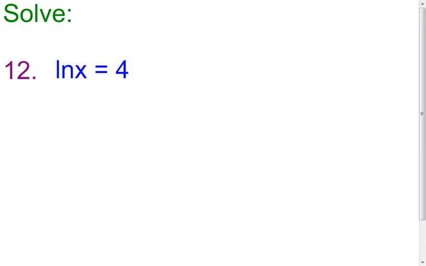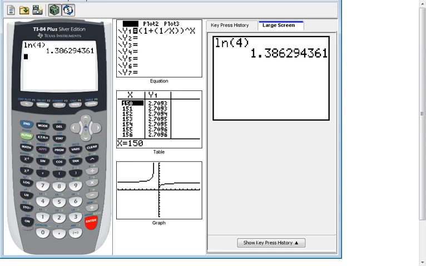All right, moving on now, kind of switching gears. Again, you can probably figure out a shortcut here, but in case you can't, ln x is the same as log base e of x equals 4. This is in logarithmic form, which is not helping me much, so I can take e to the 4th power and get x. So the shortcut: e to the 4th power is x. You can type that into your calculator.